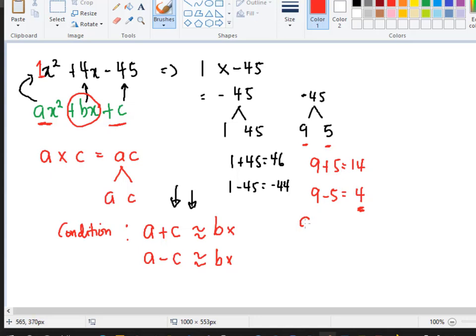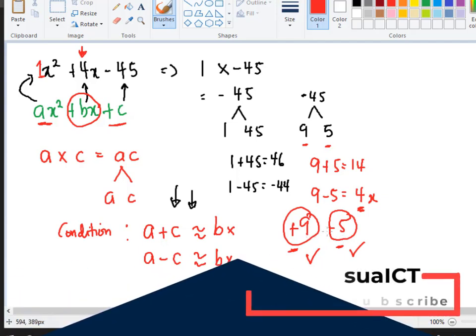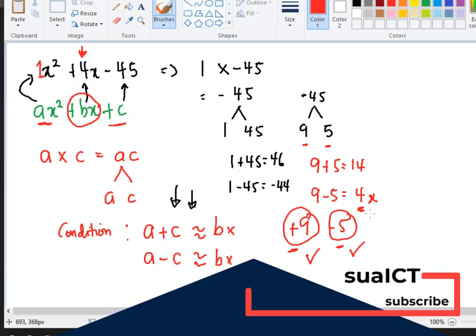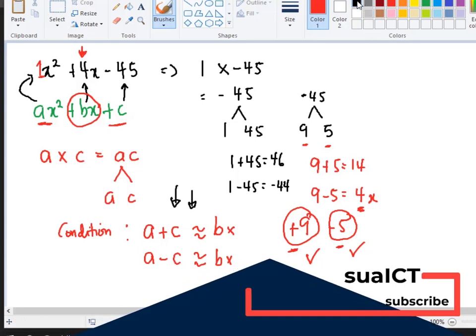So it means we have positive 9 and negative 5. These factors are the best ones to use, because when we expand this 4, these are the factors we come out with: 9 and minus 5. When we subtract 5 from 9, we get 4. So we can use these factors to do our work.